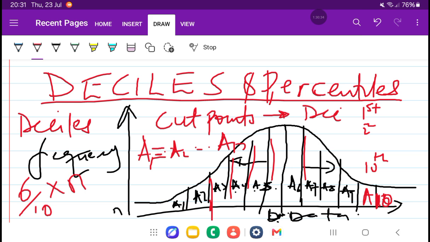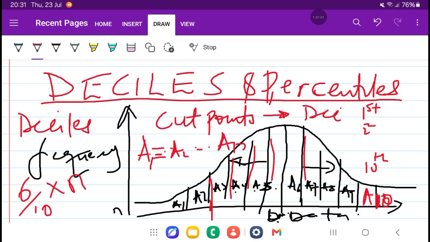If the values are repeated, we use the frequencies for ungrouped. But for grouped, we actually use the OGIVE, and in the OGIVE we put the cumulative frequency on the y-axis. So that is basically for the decile.